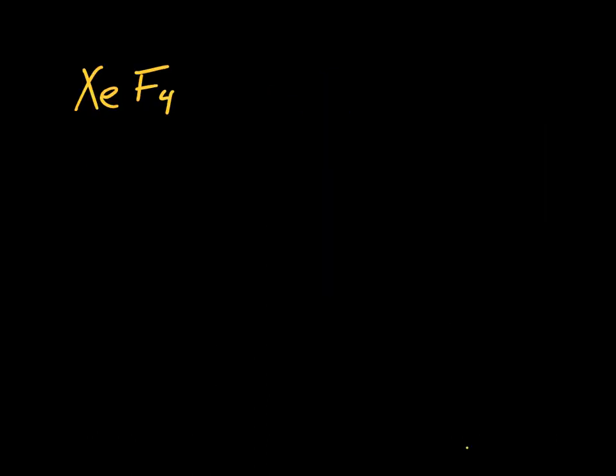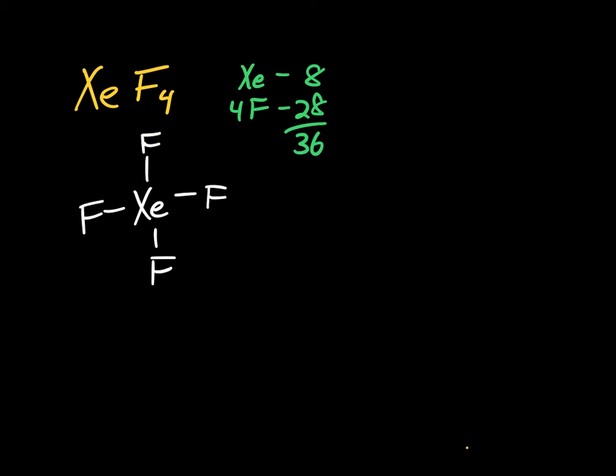Here we're going to consider xenon tetrafluoride. Again, xenon gives us 8. 4 fluorines gives us 28. That's 36 electrons. When I draw the connected structure, those bonds represent where 8 of those are, leaving us 28 to start distributing around the fluorines.